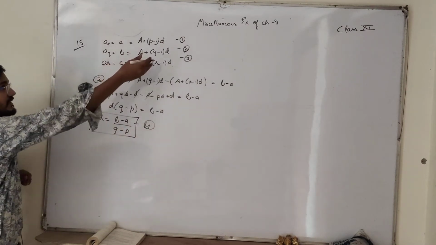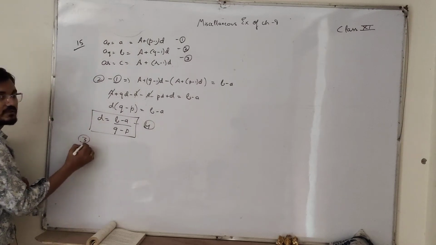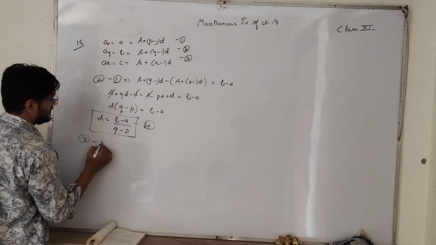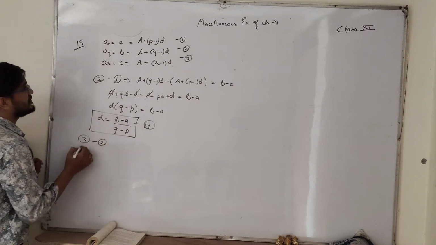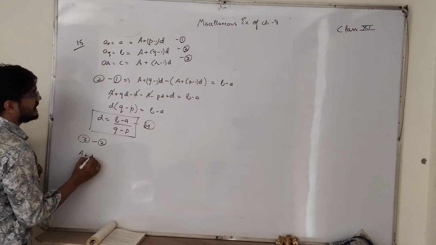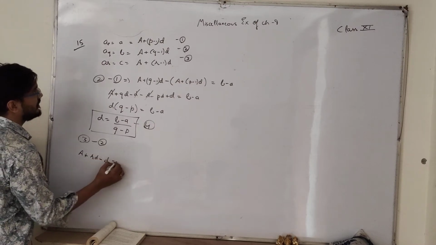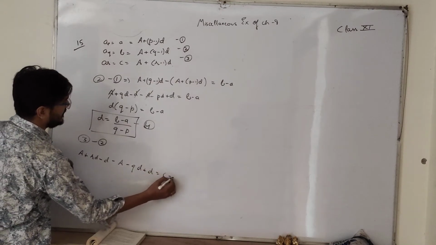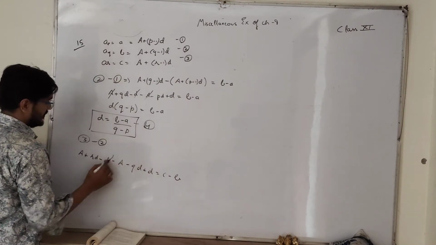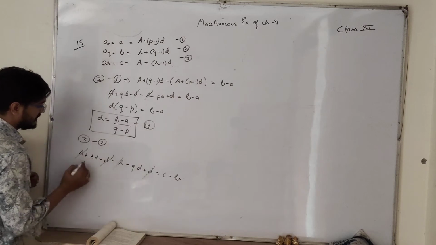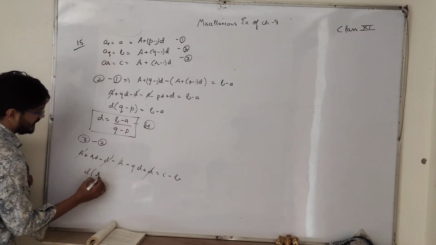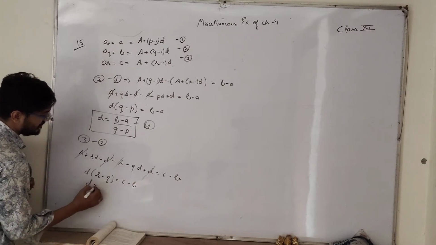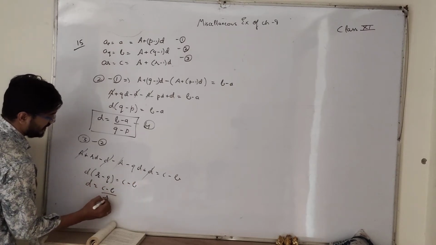Similarly, if we subtract the second equation from the third equation, third minus second, we have A plus RD minus D minus A minus QD plus D is equal to C minus B. Taking D common, (R minus Q) D is equal to C minus B. So D is equal to (C minus B) upon (R minus Q).